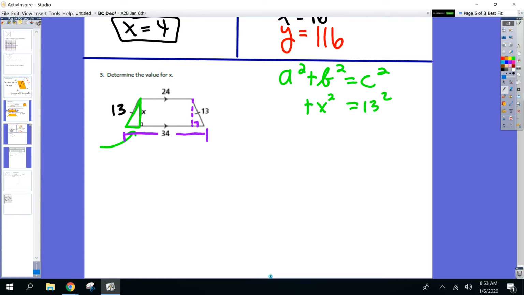Can you tell me what this piece is from here to here now? From altitude to altitude? 24. So I have 10 left. Divided evenly, the leg I'm missing is going to be 5. So I make it into a rectangle and 2 triangles. A trapezoid can be divided up into a rectangle and 2 congruent triangles.